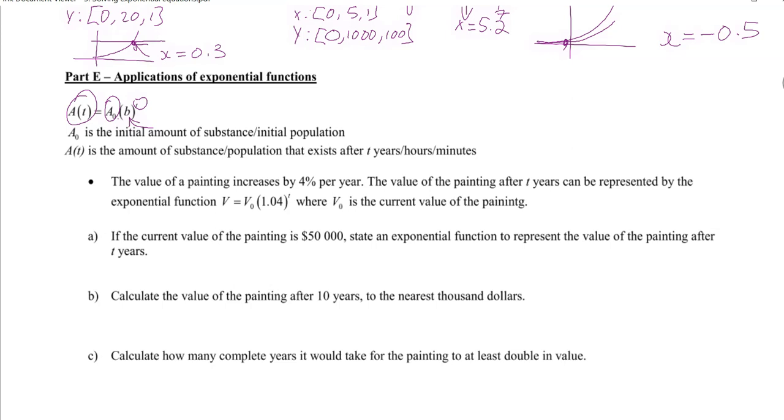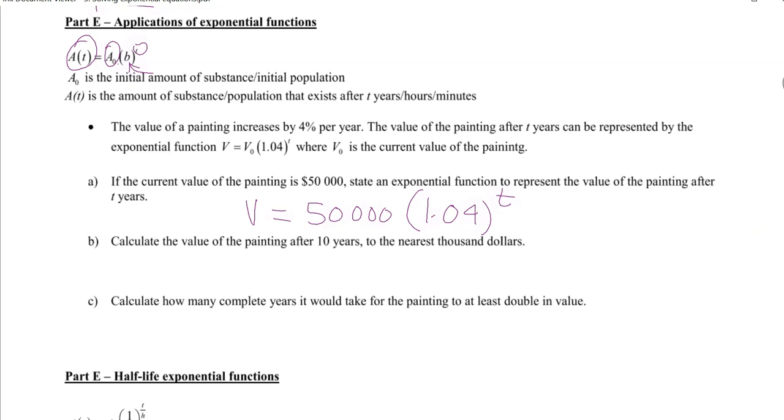If the current value of the painting is $50,000, state an exponential function to represent the value of the painting after t years. So the value after the time is the initial value times 1.04 to the power of t. So really all we're doing is looking at this and saying we know what it's worth at the beginning, which is 50,000. So we plug 50,000 in for the initial value. What would the value, calculate the value after 10 years?